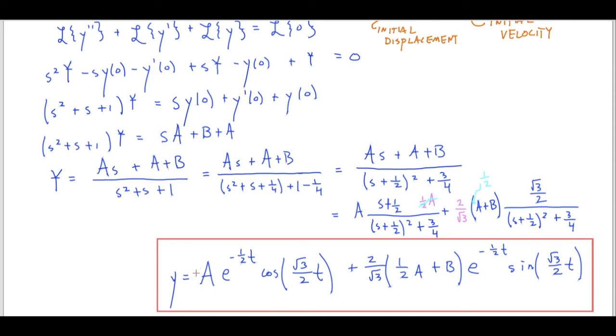And then note that the coefficient on my cosine term is exactly a. So the coefficient on the cosine portion of my solution will be exactly my initial displacement. And if you think about the form of a cosine curve, it always starts at its maximum point and then decreases. So it kind of makes sense that my initial displacement determines the amplitude of this cosine term.